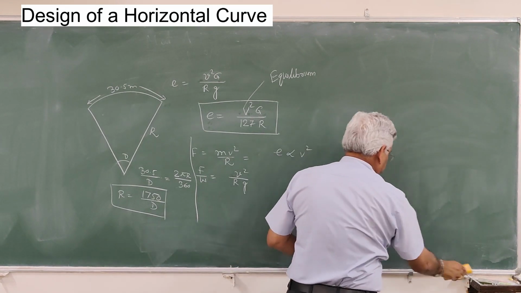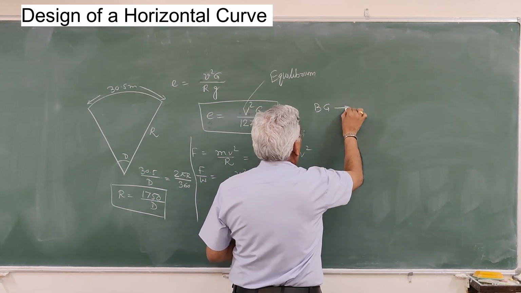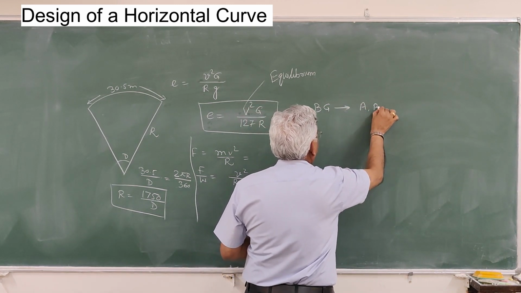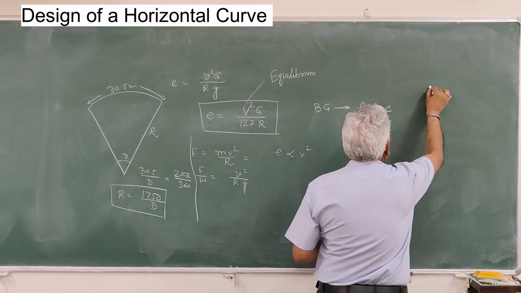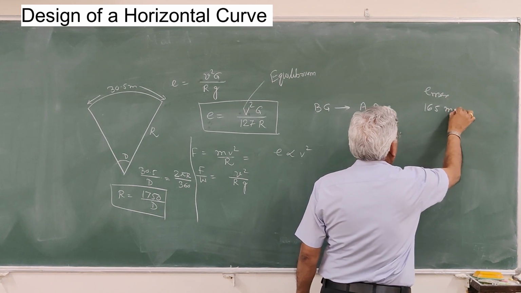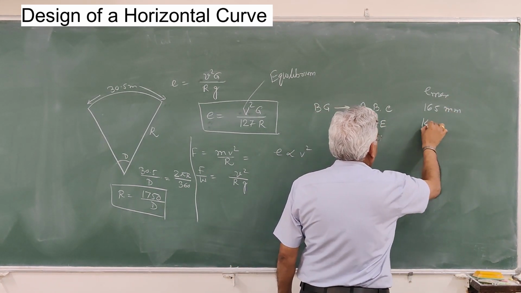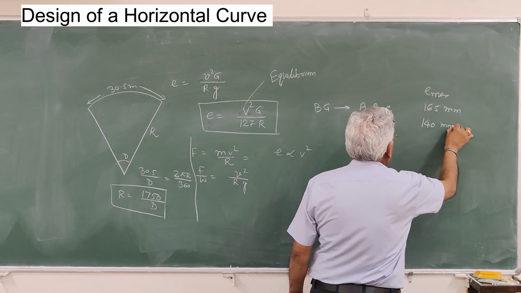On broad gauge line A, B and C, the maximum value of superelevation is 165 millimeter. And for lines D and E, its limit is 140 millimeter.